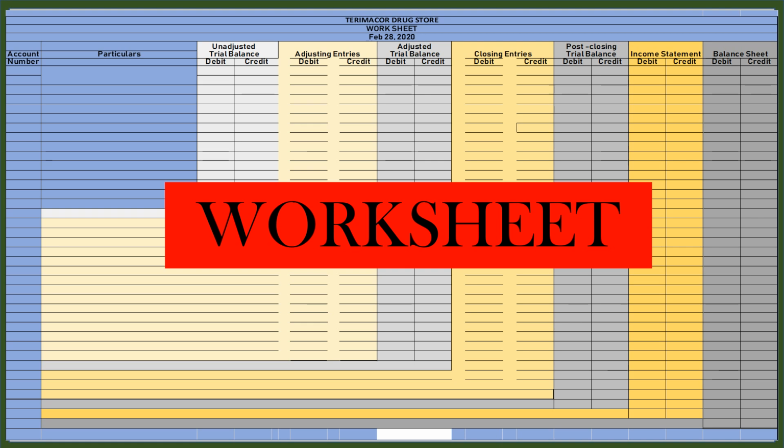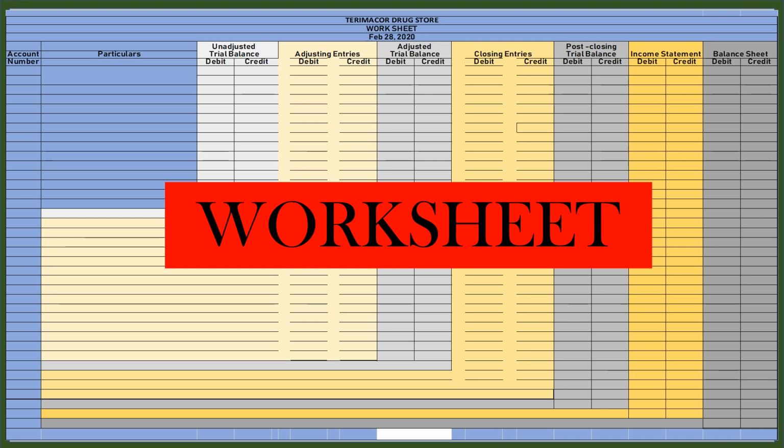A worksheet is a multiple column form that is used in adjusting ledger balances and preparing financial statements. Columns of the worksheet are drawn mainly as per necessity. The number of columns depends on the demand of the particular business or organization.